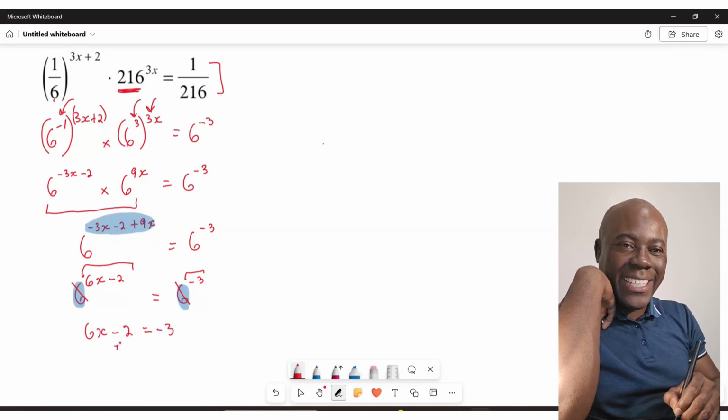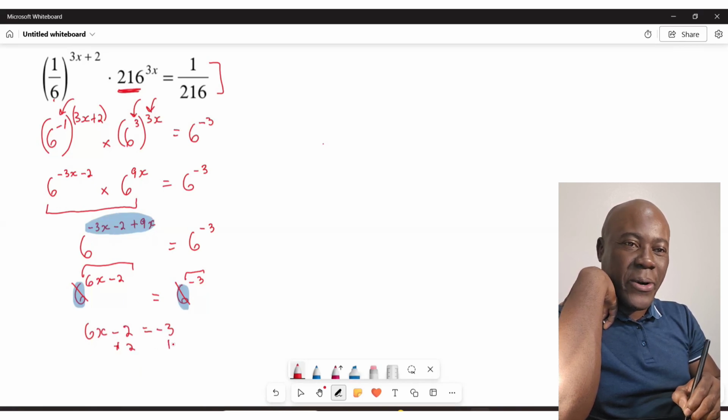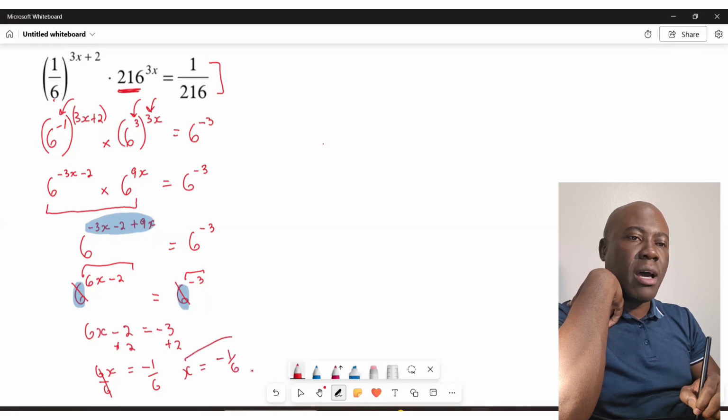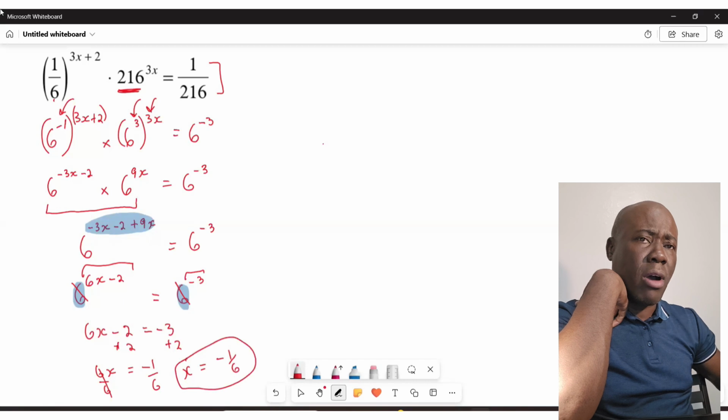I'm going to add 2 to both sides, so 6x is equal to negative 1, and then divide both sides by 6. So x is equal to negative 1/6. So there it is. We solved the problem.